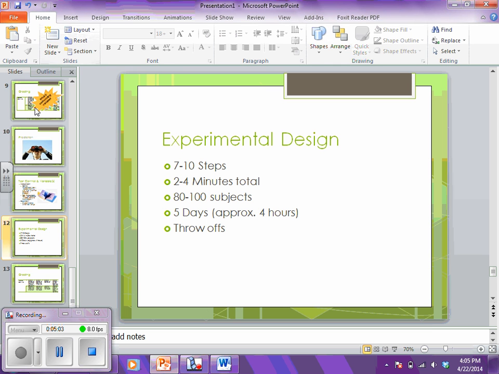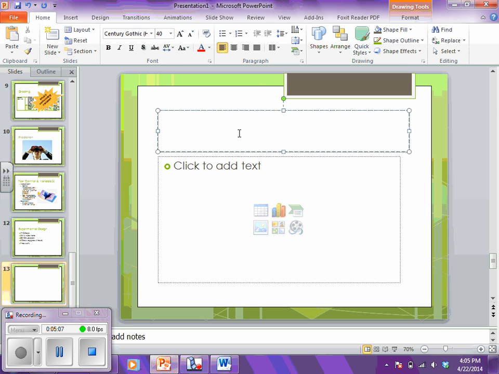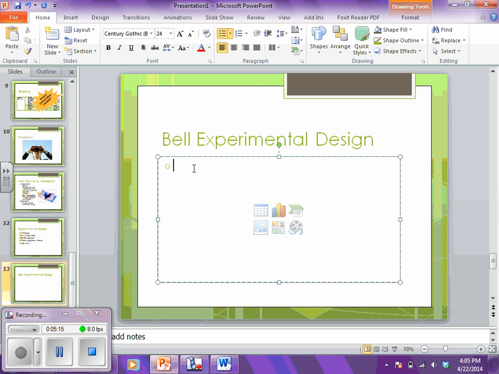If I'm going to create my experimental design, I'm going to put it right here. And we're just going to call it Bell Experimental Design. Somewhere I need to add in my independent and dependent variables. And that's what we decided to do. But if I was going to be testing this the way you're going to be testing it, I may change some different things around.